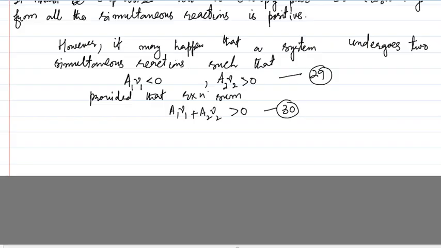That is A1 ν1 plus A2 ν2 greater than 0, which was equation 30.